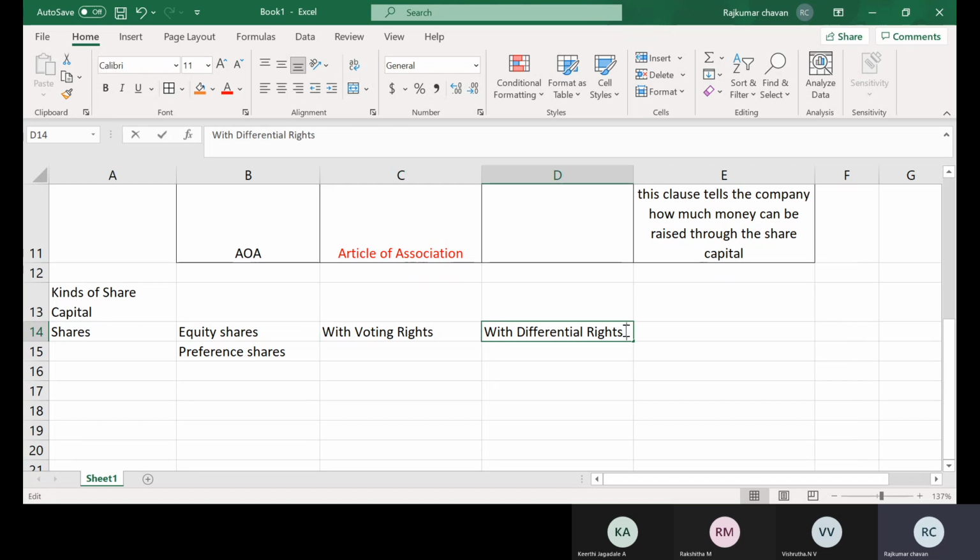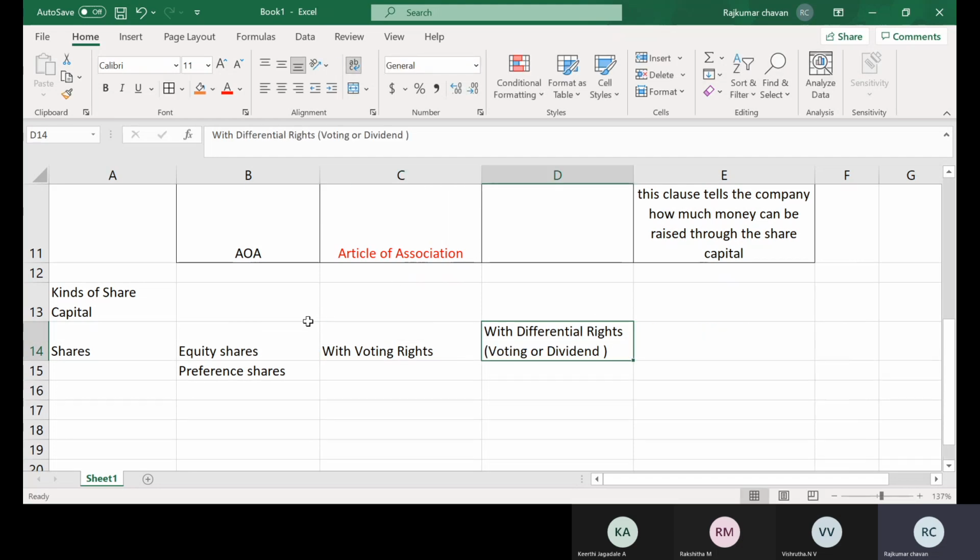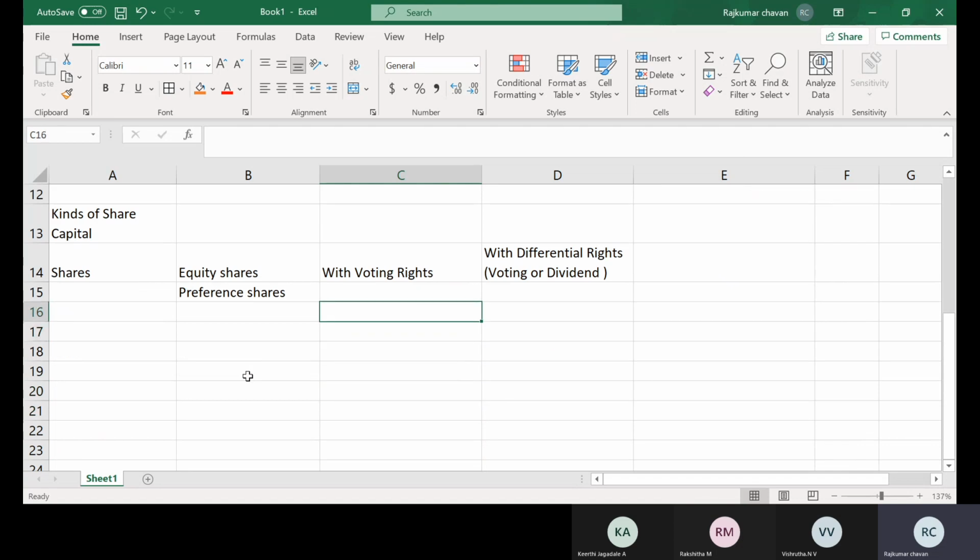What is a differential right? Those who get voting rights also, or who get dividend. Sometimes they get both. These are called equity shares with differential rights. When you say preference shares, again, there are many different types.